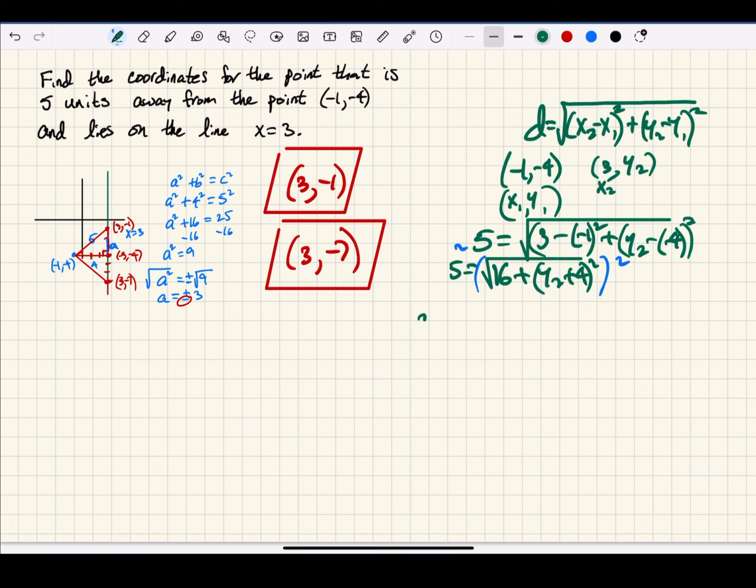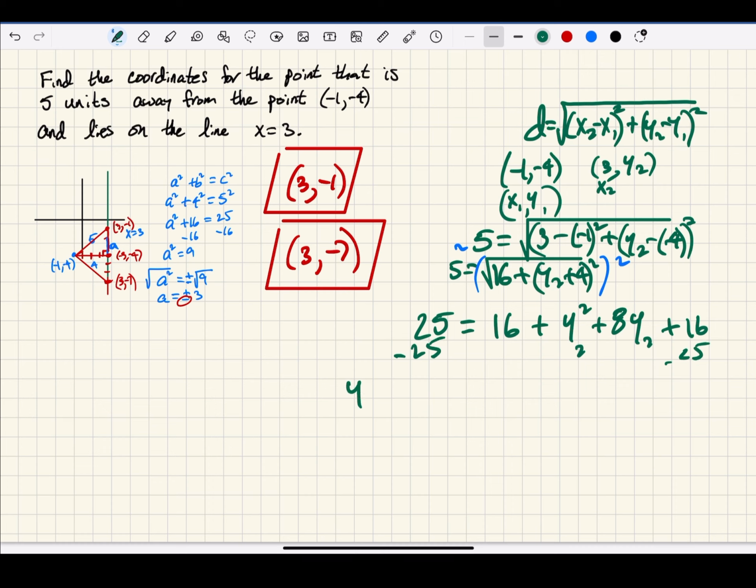And we would have 25 equals 16 plus, and then we could multiply this out. y2 plus 4 squared would be y2 squared plus 8y2 plus 16.